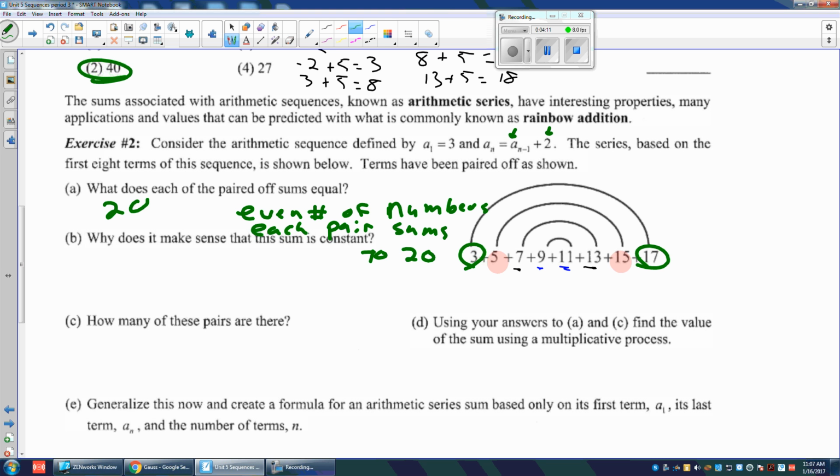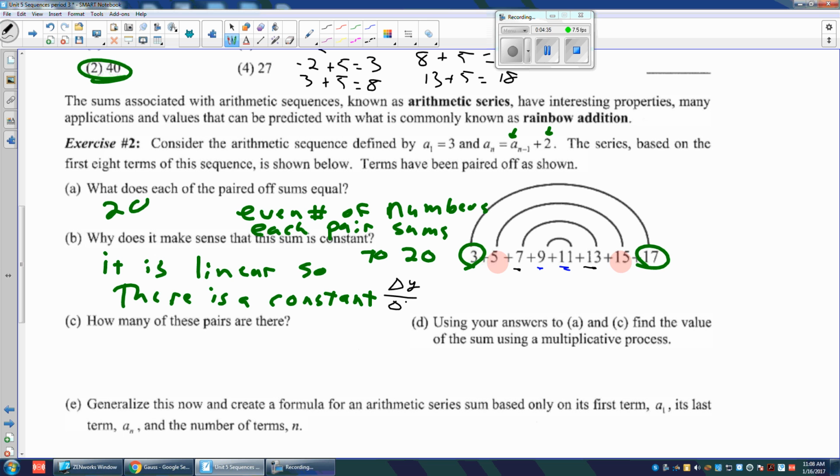Why does this make sense that the sum is constant? Well, just the obvious answer. It is linear, so there's a constant rate of change. Instead of saying there's a constant rate of change, I'm going to use the mathematical abbreviation for rate of change, delta y over delta x.